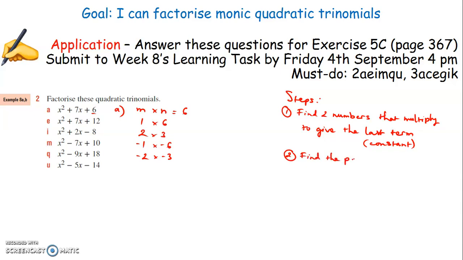Our second step here is to find the pair that adds to give the coefficient of the middle term.